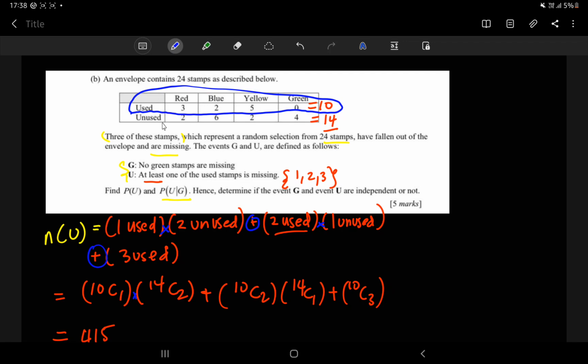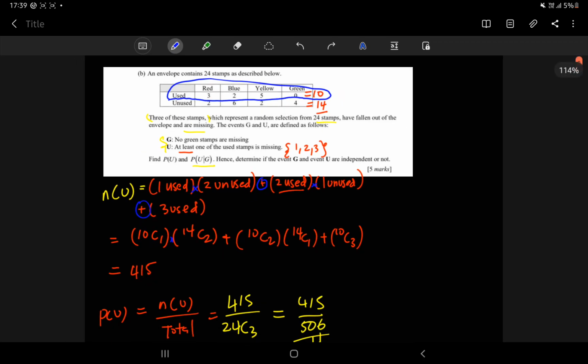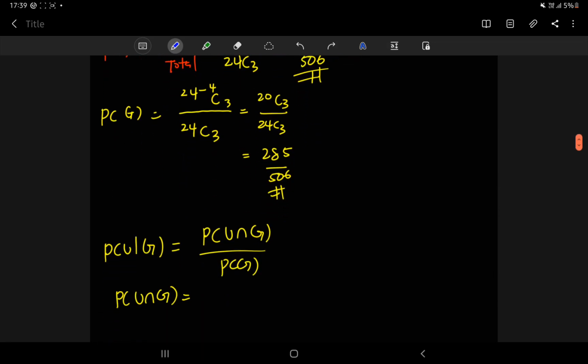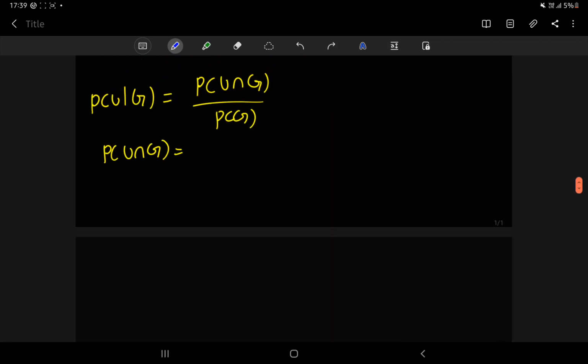But for the use row, if you see, there are no use green stem, so over here it is 0. So we need to focus on the red, blue, and yellow, three colors of the stem. We need to focus on them merely, right?